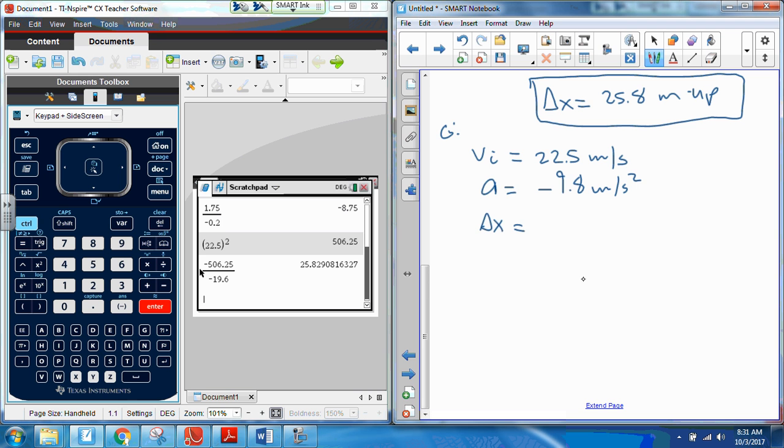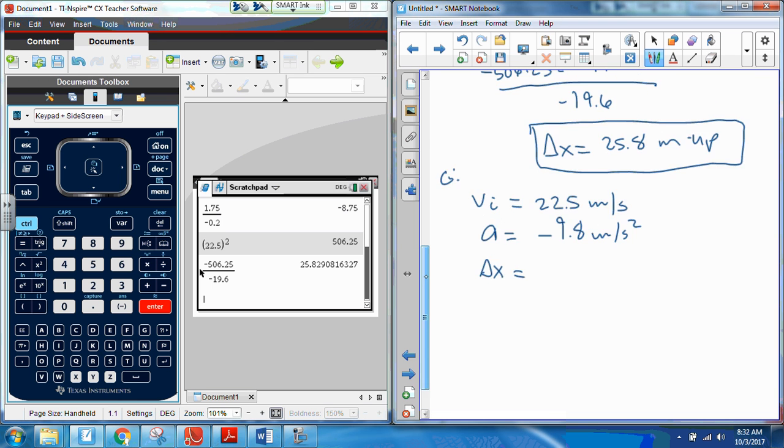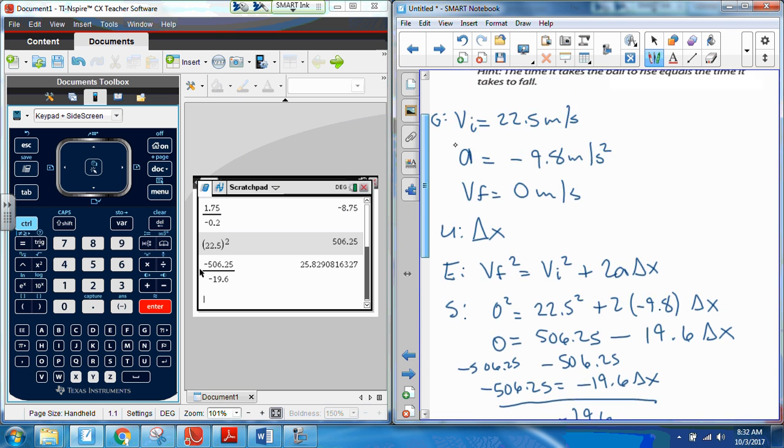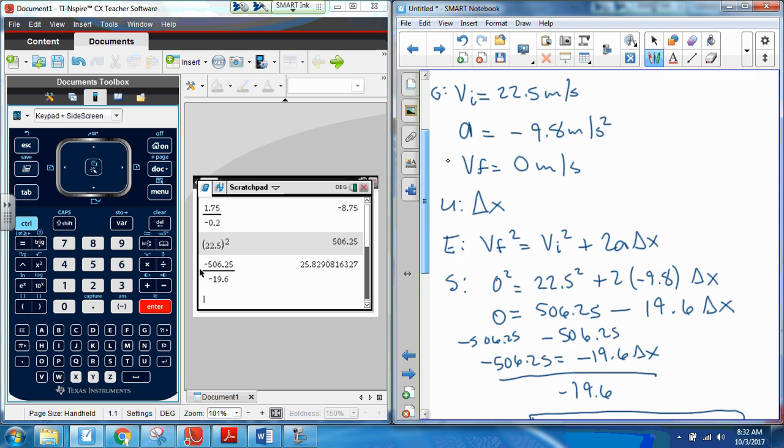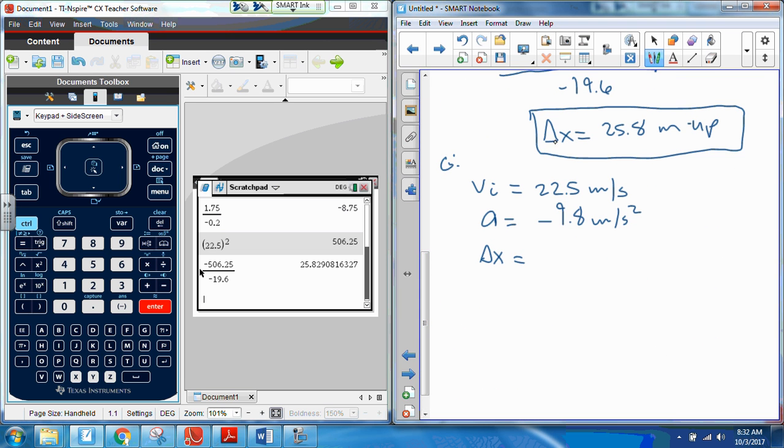Okay? We know the displacement is how much? Oh, trick question. That 25.8 was only halfway. This is how long does it stay in the air total? So the 25.8 only got it to the top. It didn't measure it coming back to the bottom. So the way I have to look at this is I started at like ground level and I threw the ball up, right? How long does it take to come back to ground level is what they're asking.